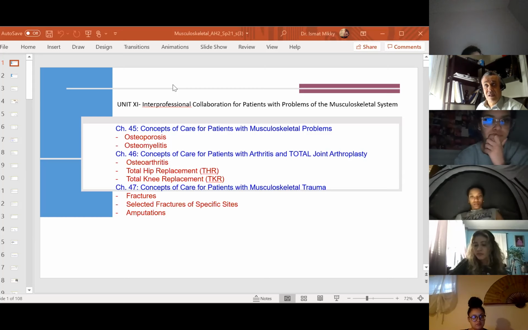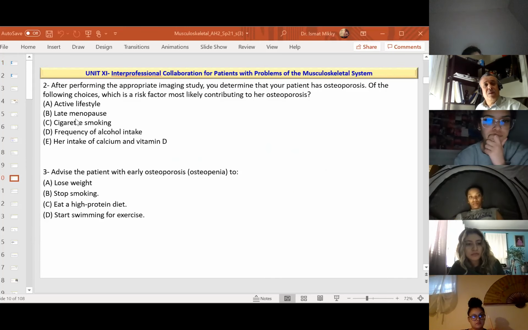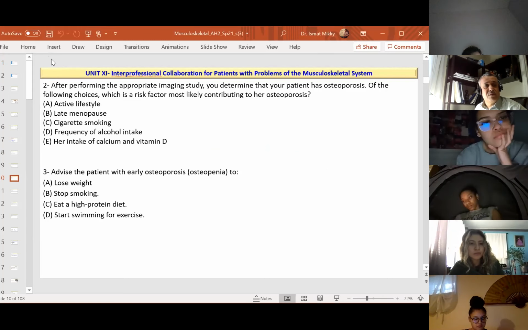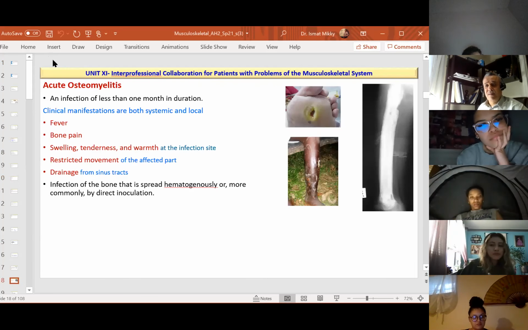But we will focus on the hip fractures. Last time we covered osteoarthritis and rheumatoid arthritis.